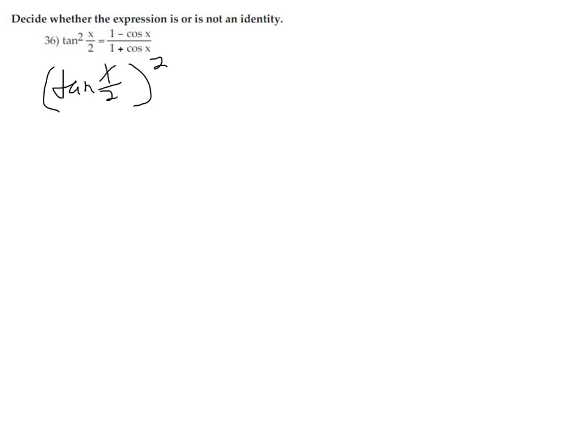And there is a nice identity for the half angle for tangent. There's two versions: sine x over 1 plus cosine x, and also 1 minus cosine x over sine x. Now the one I'm going to use is the sine x over 1 plus cosine x, because the denominator already looks right.